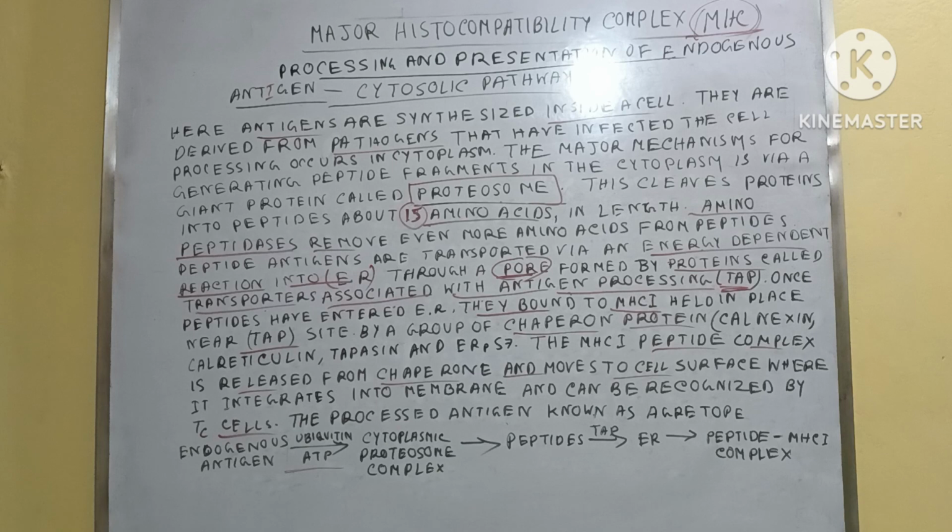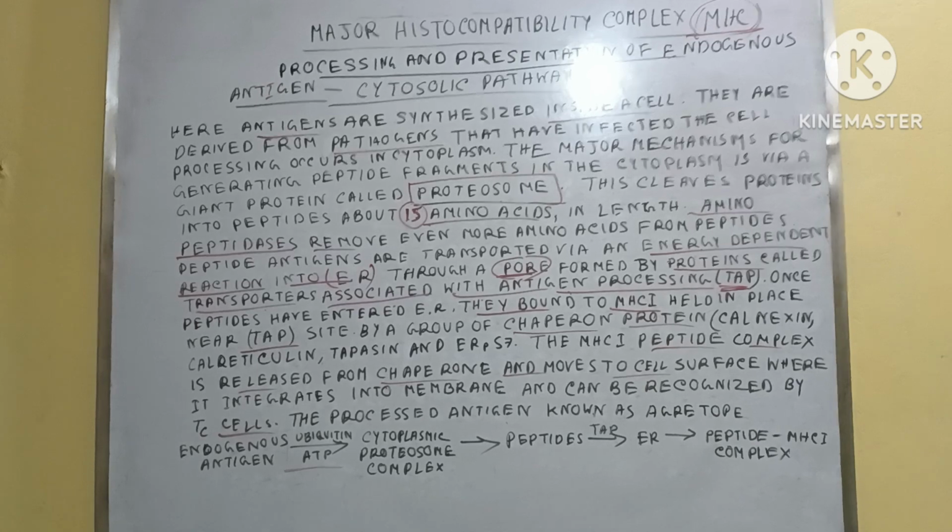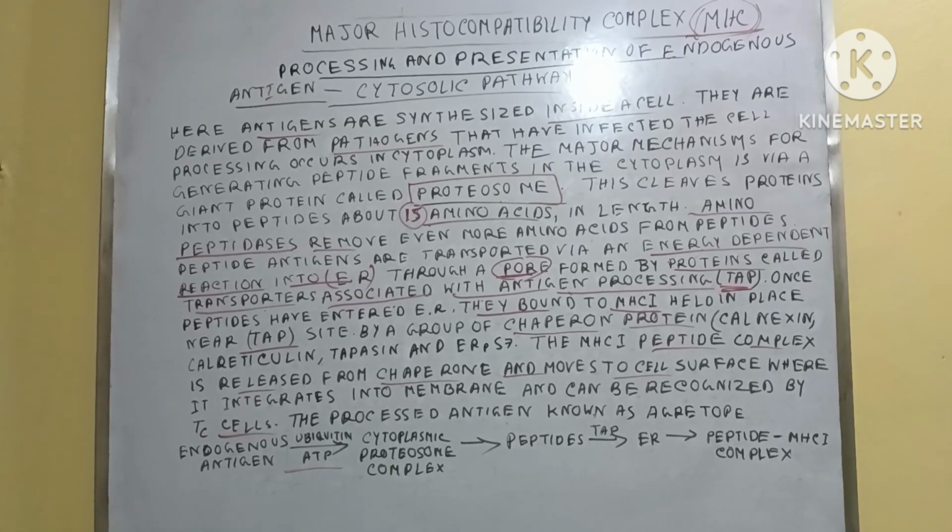So here the role of the chaperone protein is that it helps in the binding of MHC1 with the peptides. The main function of the chaperone protein is to help bind the MHC1 molecule with the peptide.